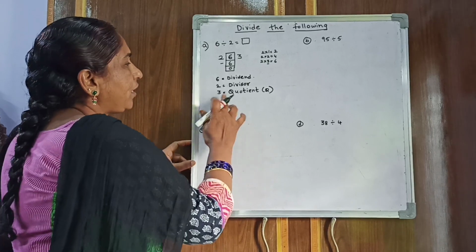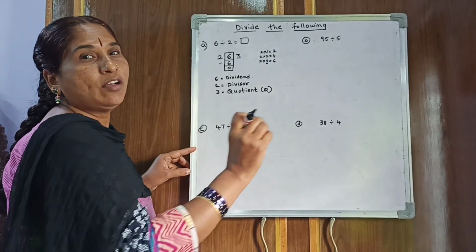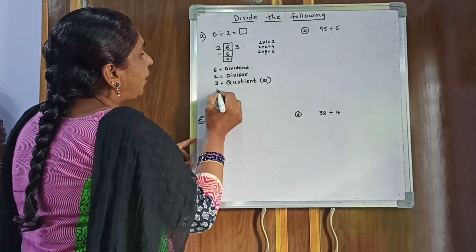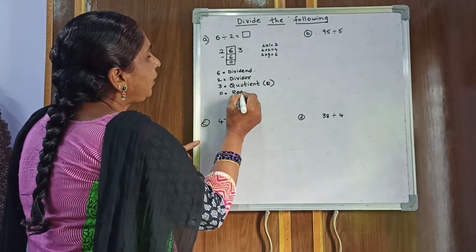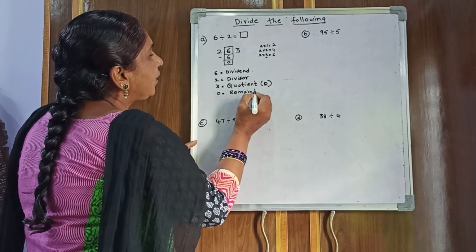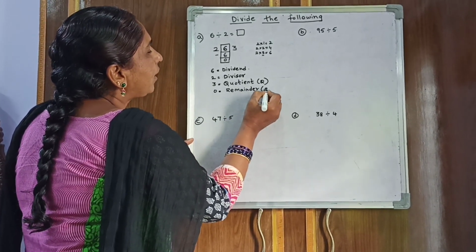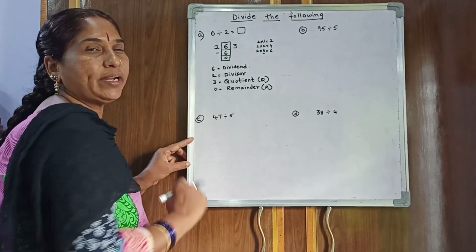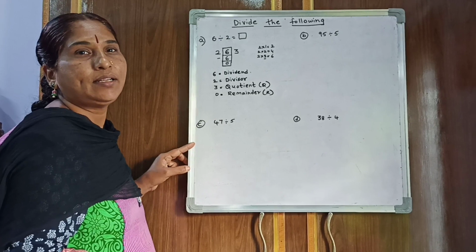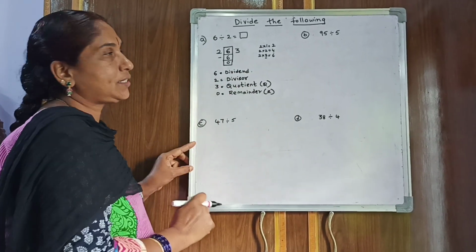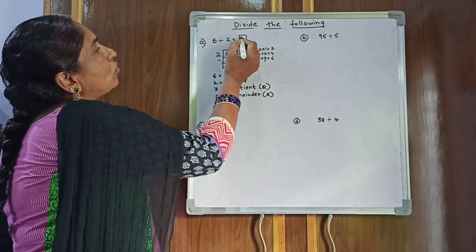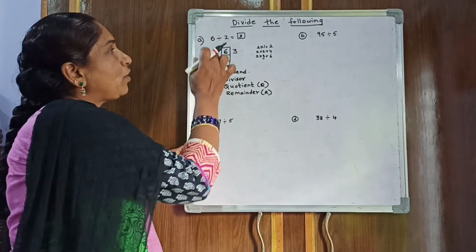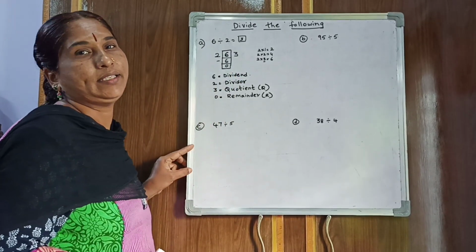Instead of writing the full spelling of quotient, you can write Q. And 0 is the remainder. For remainder also you can write just R. Q for quotient and R for remainder. So this is a division sum. Quotient is equal to 3. 2 3s are 6. When you have only a single digit, you can do directly like this.